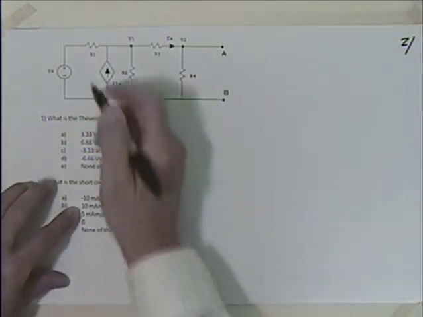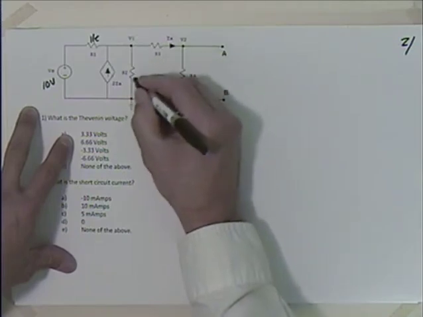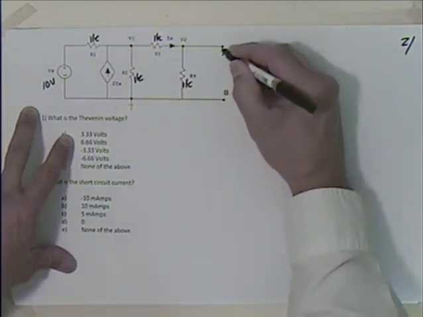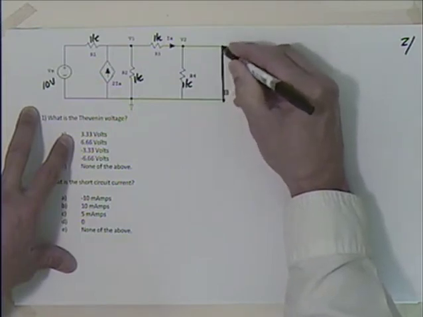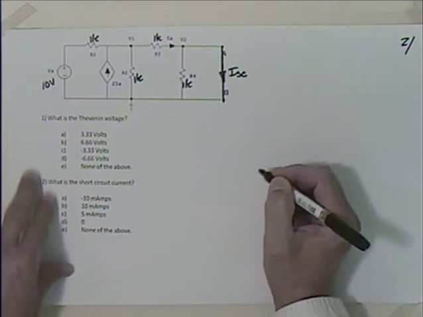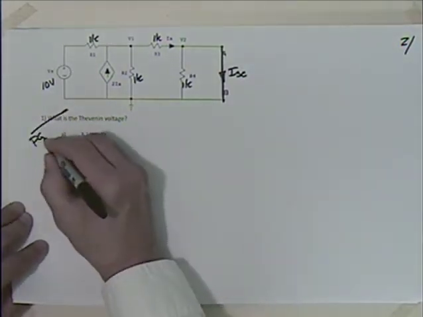And say again this was 10 volts, 1K, 1K, 1K, 1K. And now when I short this across here, that becomes I short circuit. So we've already got this one done.